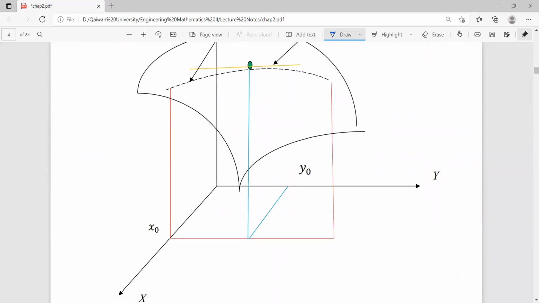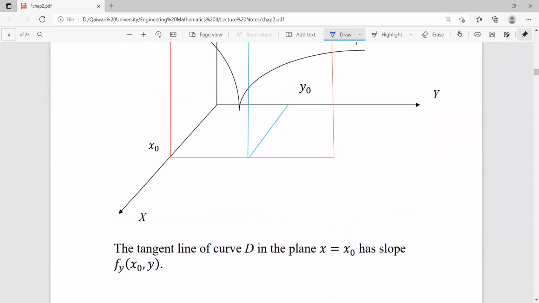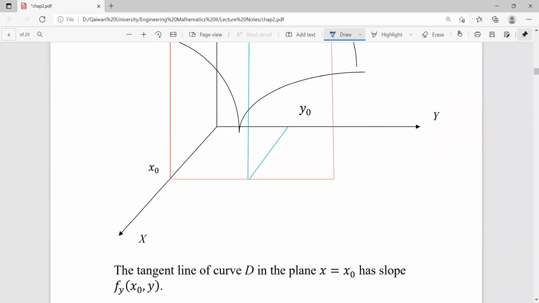And if we have a plane at x equal to x naught, at a point somewhere here on the x-axis, we say the tangent line of the curve here is parallel to what?